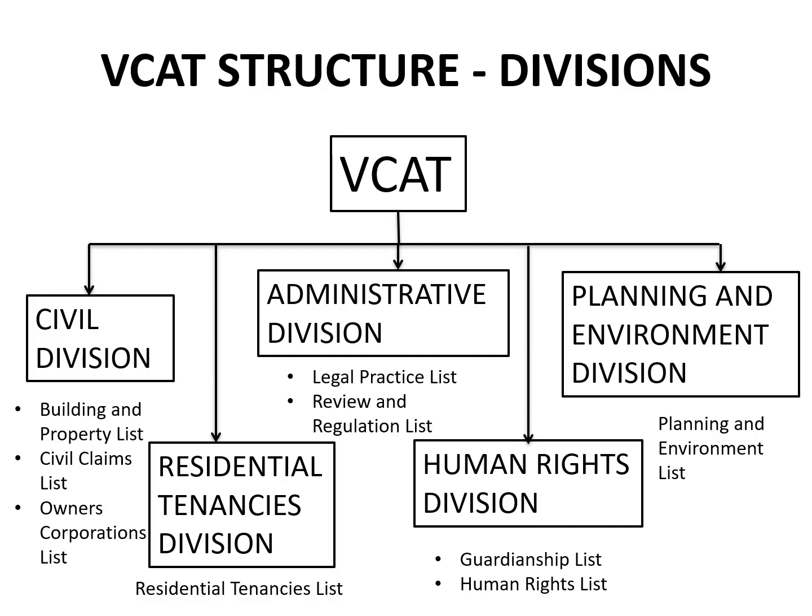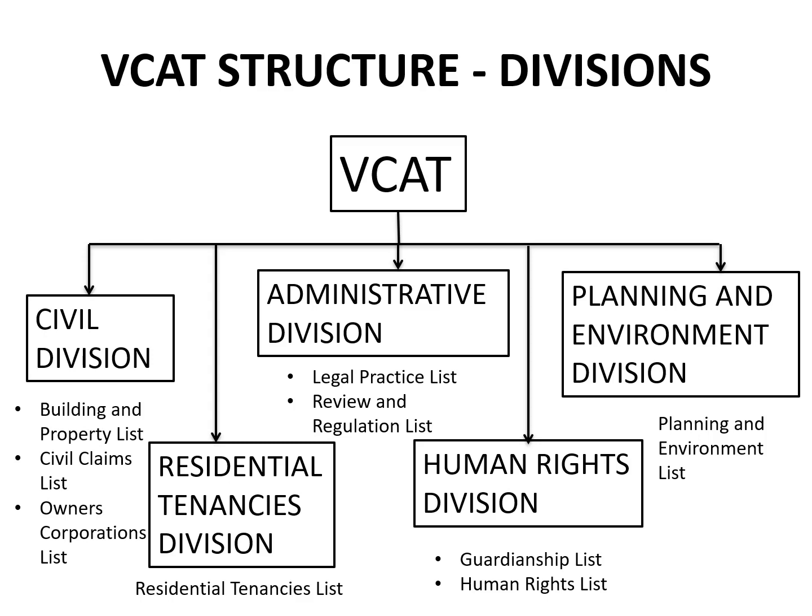This slide and the next 5 slides describe the structure of VCAT in terms of its divisions and lists. As I've said, there are 5 divisions of VCAT: the Civil Division, the Residential Tenancies Division, the Administrative Division, the Human Rights Division, and the Planning and Environment Division. And each of these divisions is further divided into lists which specialise in the different kinds of disputes that the division deals with.